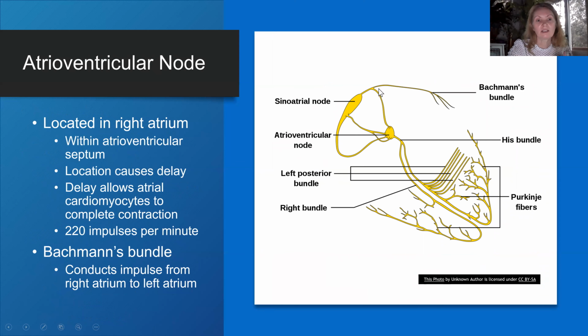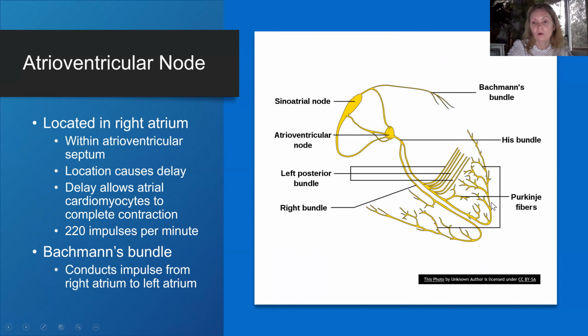So here you can see this conduction system on its own. How we have this SA node, and how the impulses move to the AV node. And there is Bachmann's bundle over here that brings impulses from the right atrium to the left atrium, because the SA node is in the right atrium. Then we have this bundle of His or AV bundle. Then the electrical impulse moves through the bundle branches.